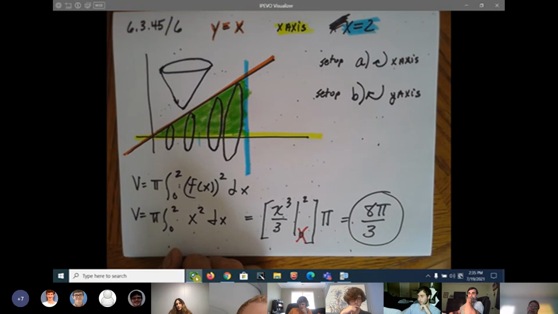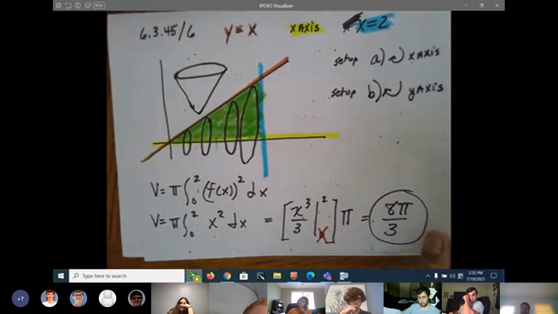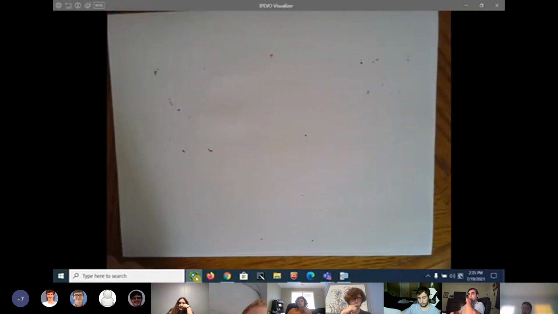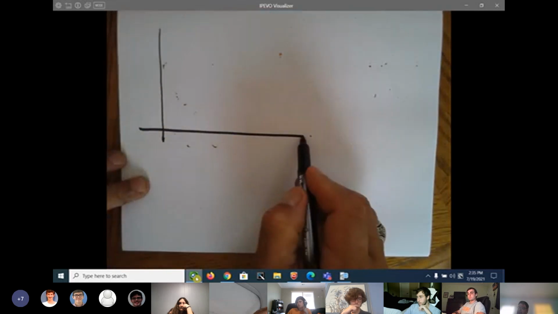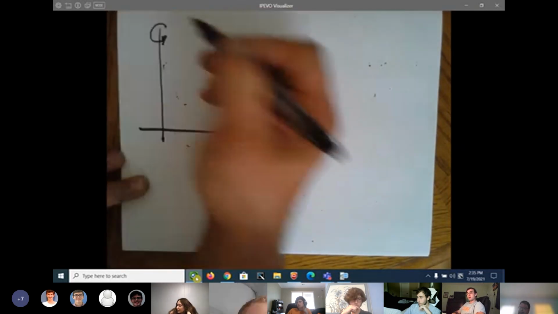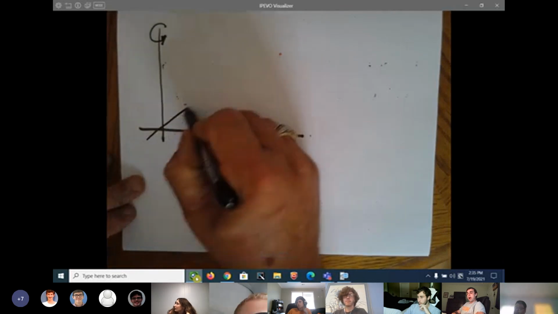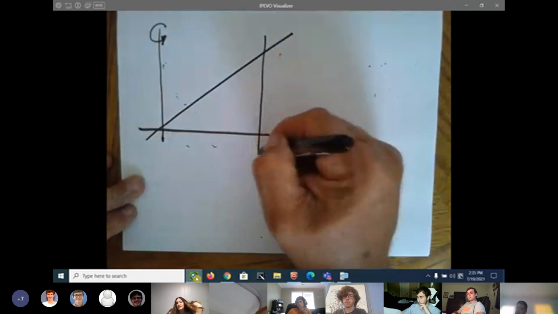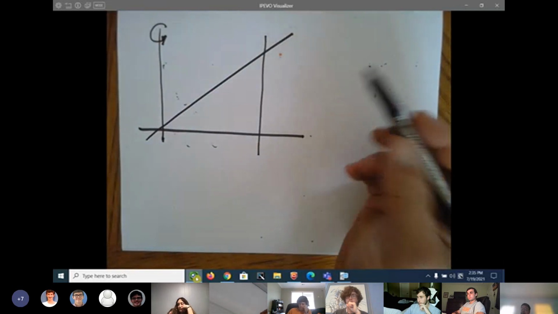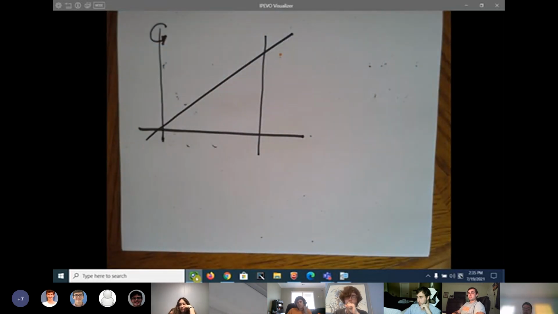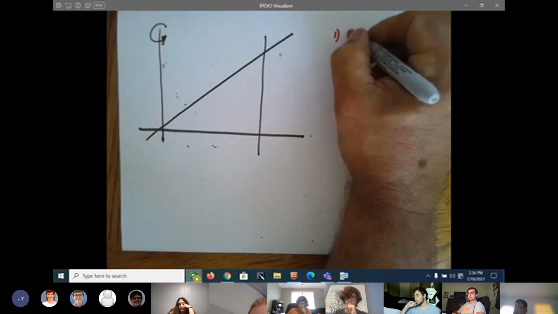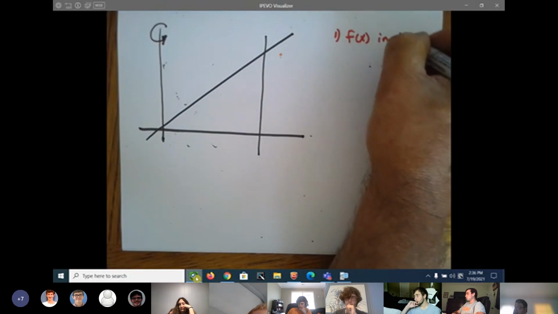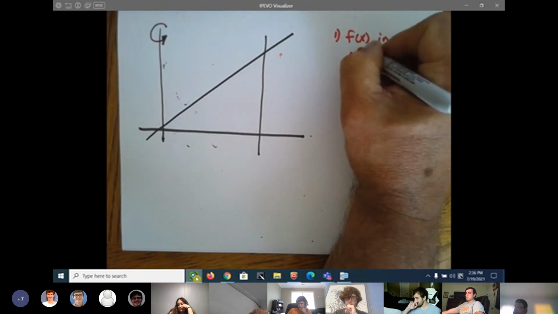Now I want you to find the volume going around the y-axis. But you got to be careful because there's several things you have to do when you go around the y-axis. For one thing, you have to make sure that f of x is in terms of y.